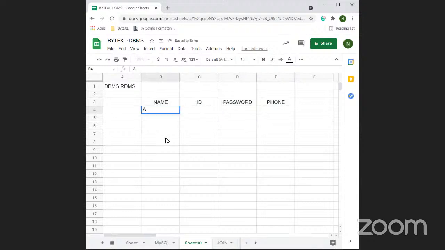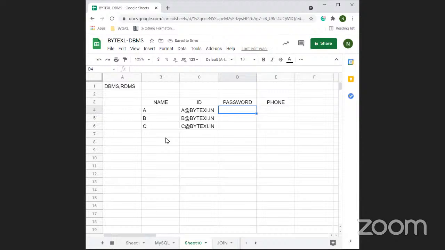Imagine we have three members with some ID. So this is how the data will be stored in the background.